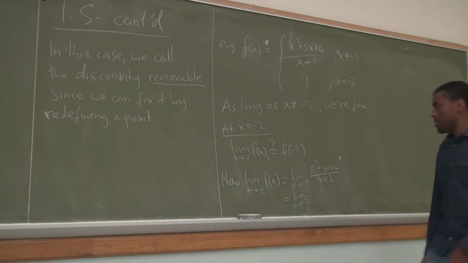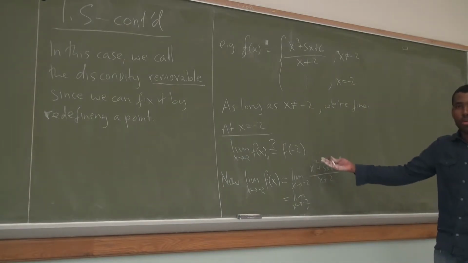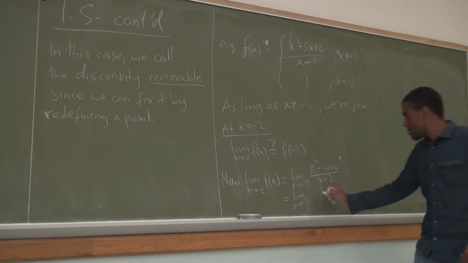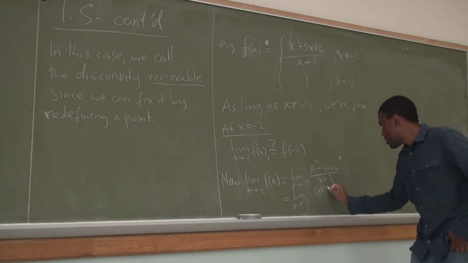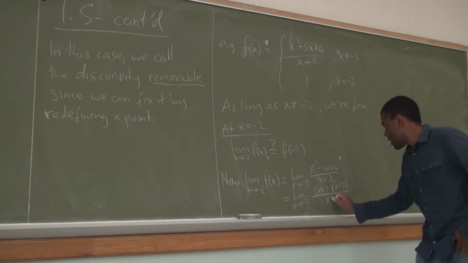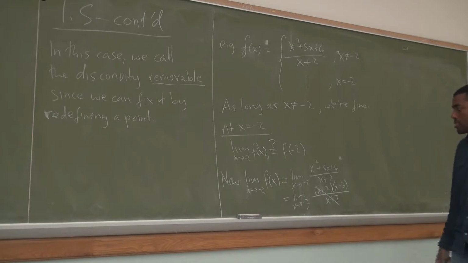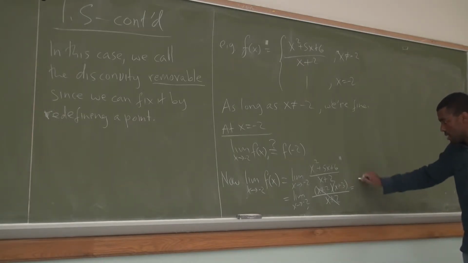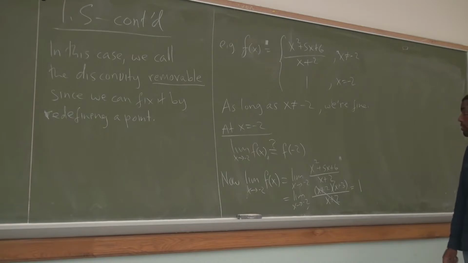The first thing you try to do is plug in the point. Can't plug in the point, denominator is 0. So what do you try to do? Try to simplify. You can try to factor this: x plus 2 times x plus 3 over x plus 2. We've canceled the problem, and now we can actually plug in minus 2. So this actually gives me the value of 1. The limit is equal to 1.